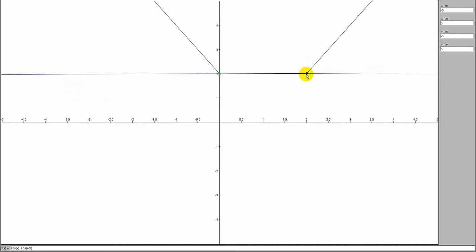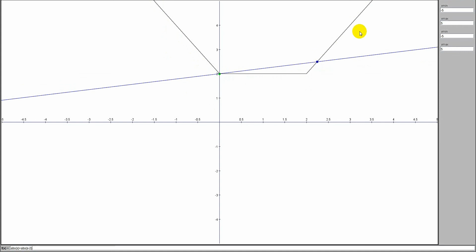So this function, mod x plus mod x minus 2, is not differentiable at these two points, at x equal to 0 and at x equal to 2. You can observe that there are sharp turns at these points. So this is how we could check the differentiability of real valued functions of real variables.